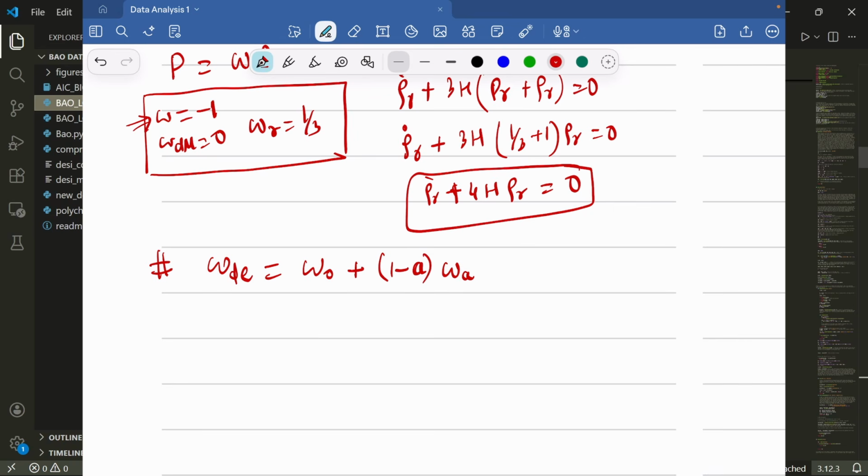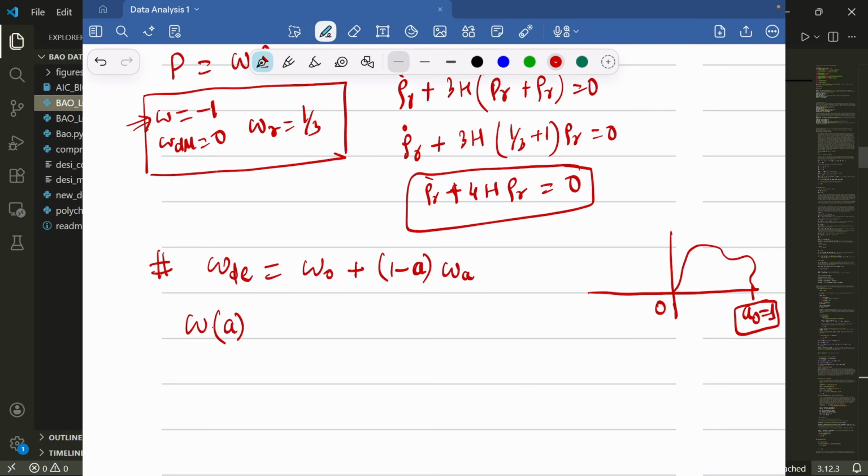What we imply is that omega is depending on a. Now what is a? a is the scale factor, and we have normalized it in such a way that the beginning of our universe is around 0 and today is the present. The present is a0, which we have labeled as 1. So from 0 to 1 everything is happening.